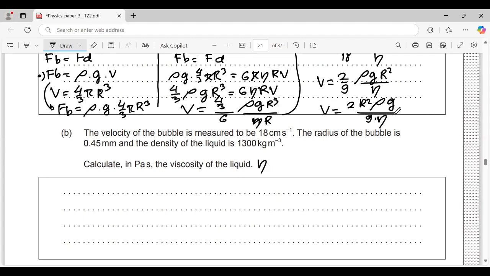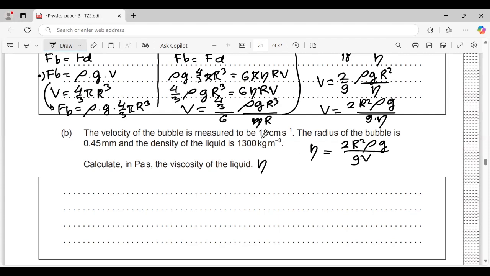So we have to rearrange this formula. Eta equals 2 r squared rho g over 9 v, right?